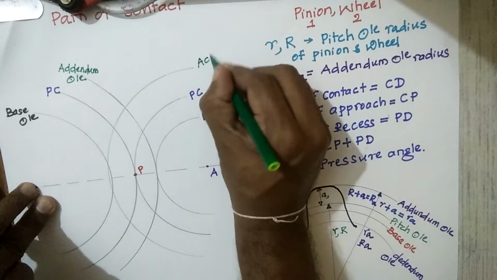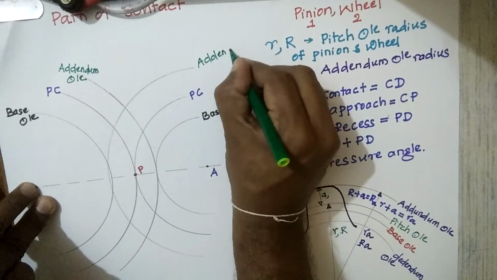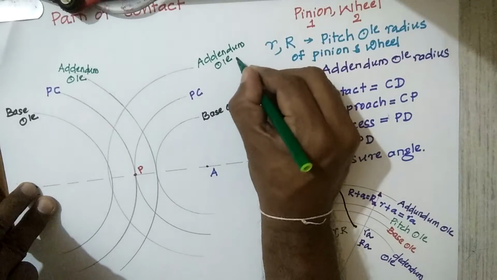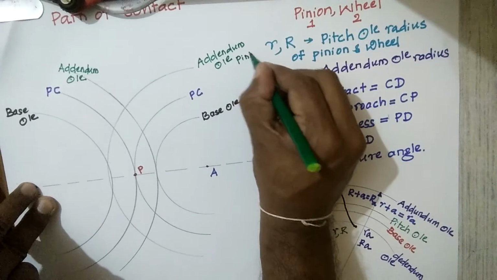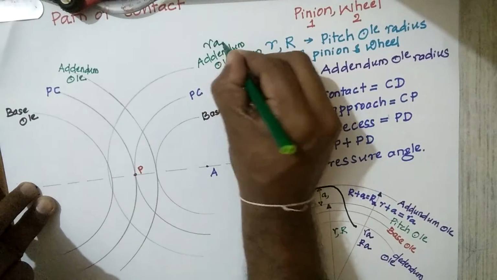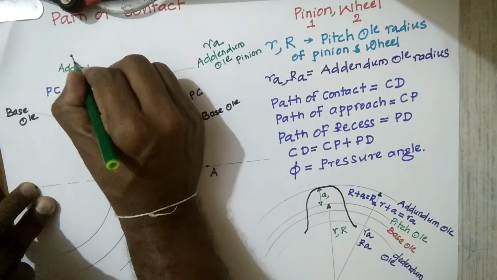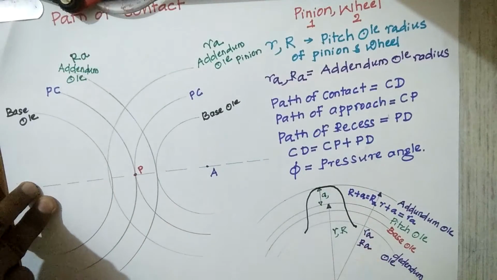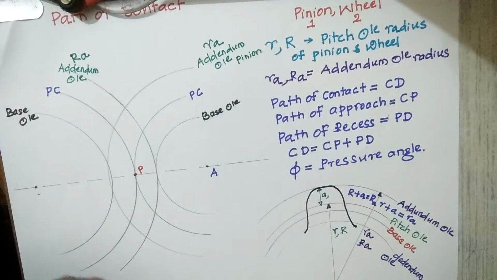This is the addendum circle of the pinion. This radius is RA, and this radius is capital RA. I have shown it here also. You can refer to this one, and clearly you will get it.